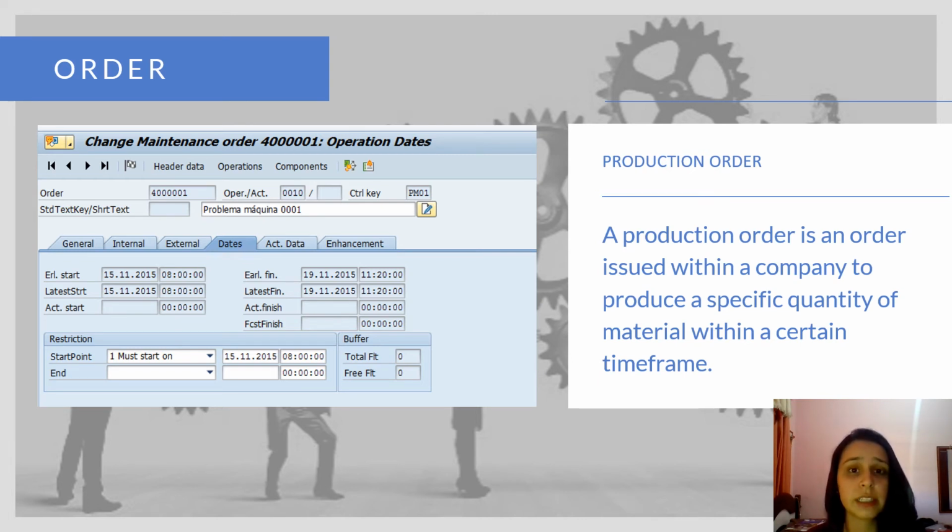Okay, so it's very important. And again, in this board, we have an example of an order in a system, SAP. Okay.